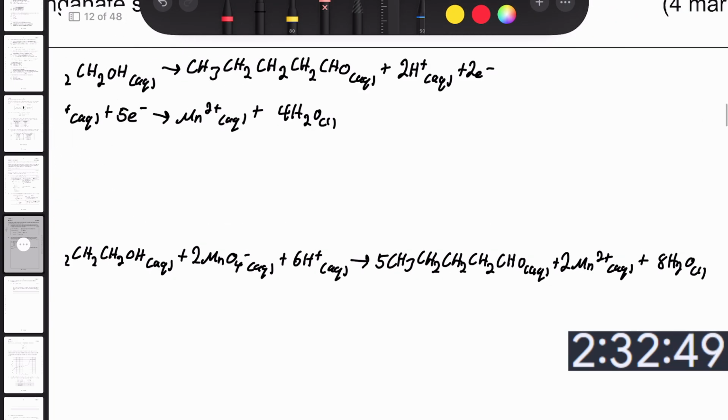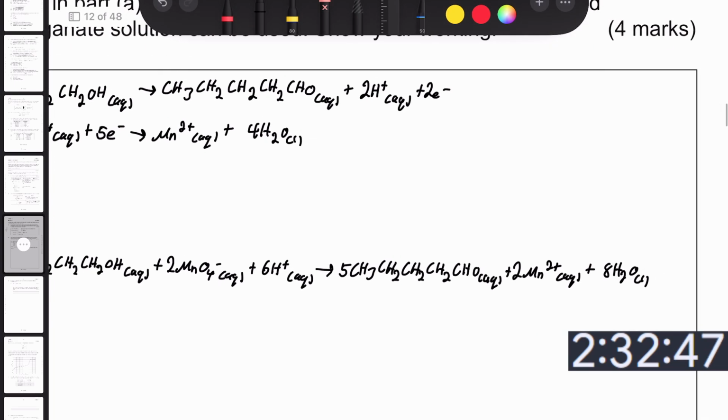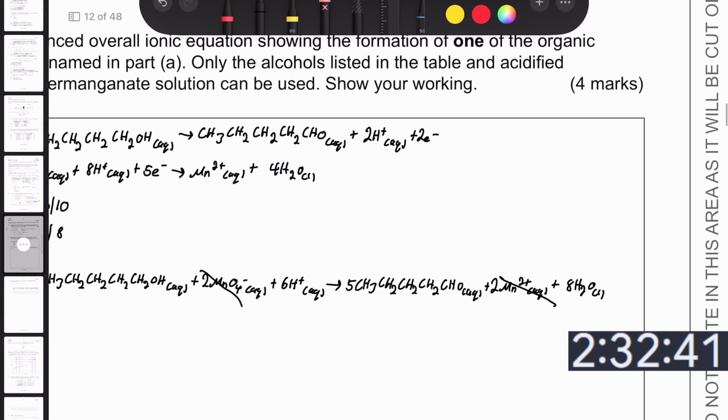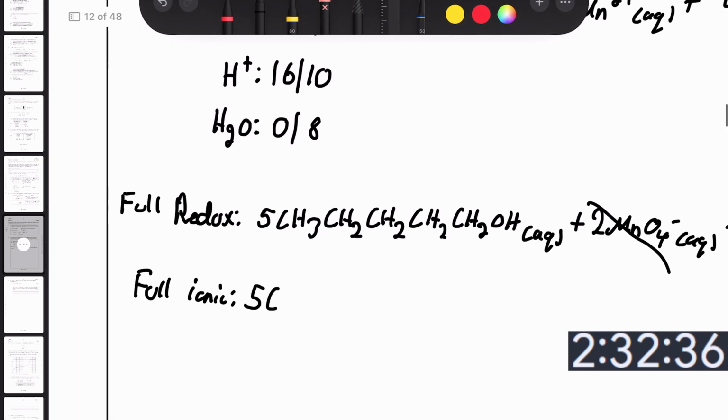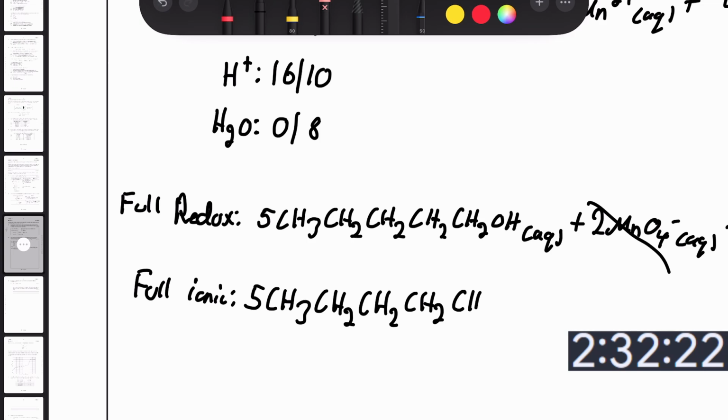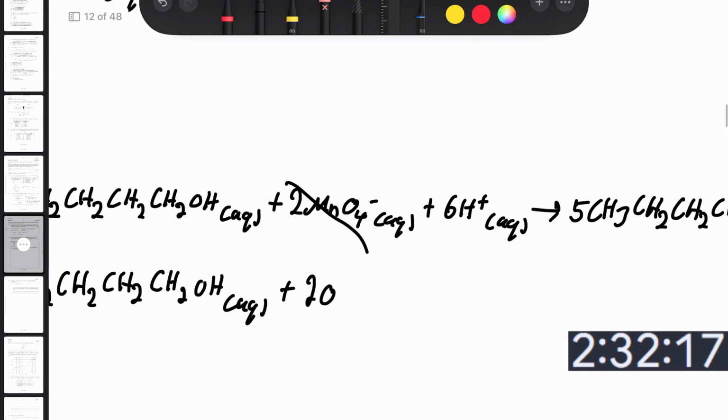Yeah, it's going to be the Mn. So get rid of those, and get rid of those. So then I'm going to have 5CH3, CH2, CH2, CH2, 1, 2, 3, 4, 5, 1, 2, 3, 4, 5 aqueous plus 2O4 3 minus aqueous plus 6H plus aqueous.